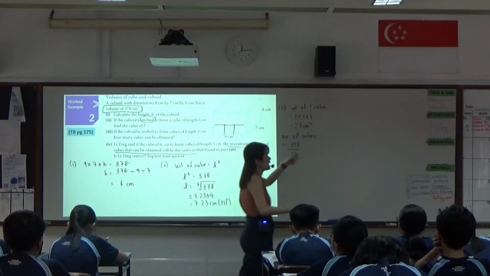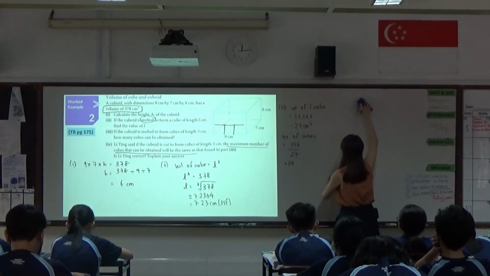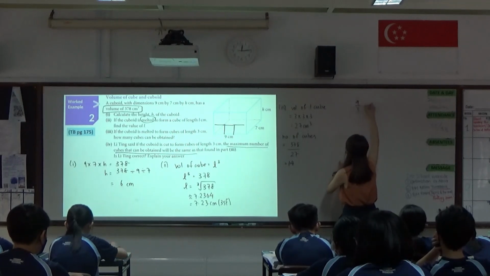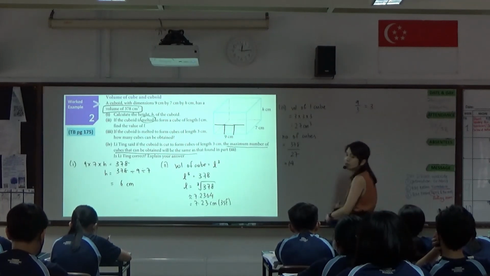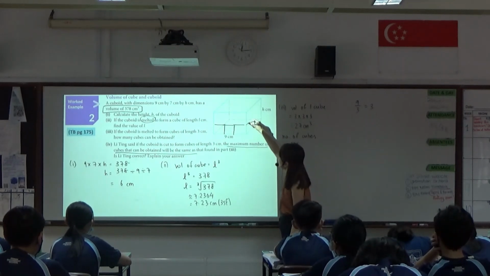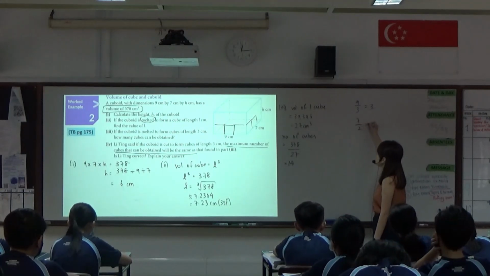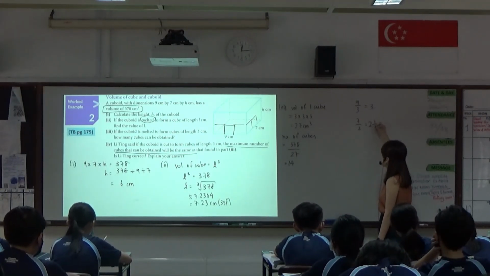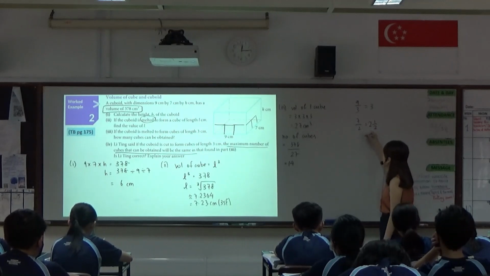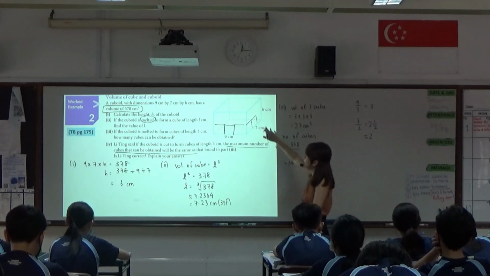So along the length, I can only cut 3 cubes out. Along the breadth over here, it is 7 cm. How many 3 cm can I cut out? Only 2, because 7 over 3 is 2.3. So I can only get 2 cubes formed along the breadth.